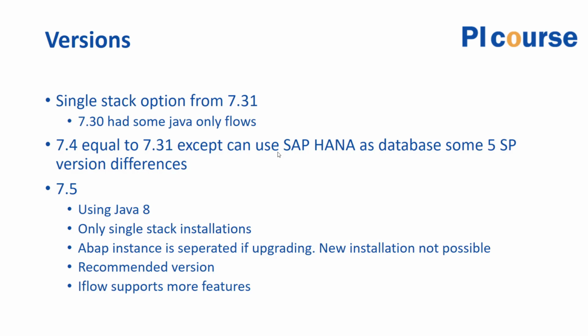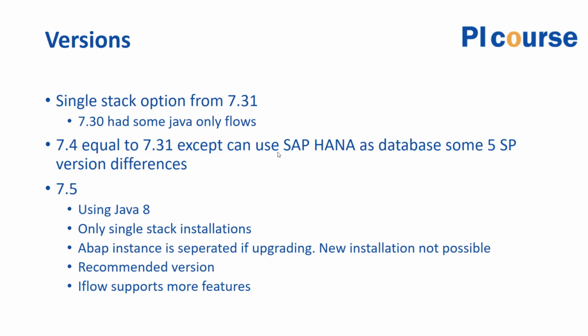Then you got the 7.4, and it is exactly the same in functionality and components as 7.31. The only difference is it's able to use the HANA database. And I think there's something like 5 service packs difference between them. So most of the features are in both of them.